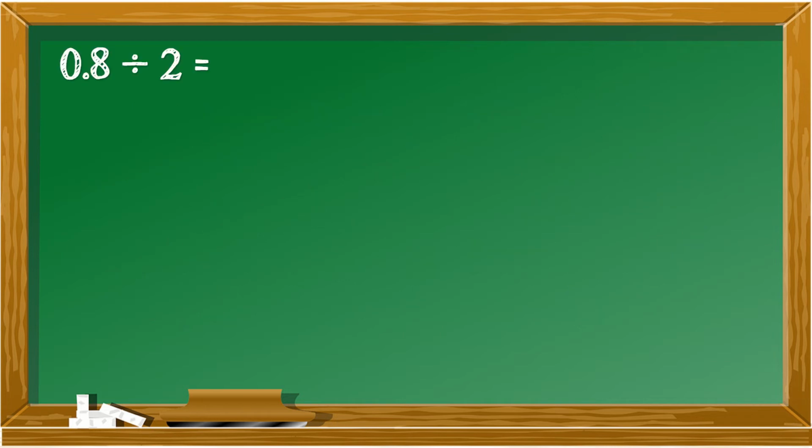8/10 divided by 2. So this time, the divisor is a whole number and the dividend is a decimal. So we don't need to move the decimal point. Just leave it as it is and proceed in division.